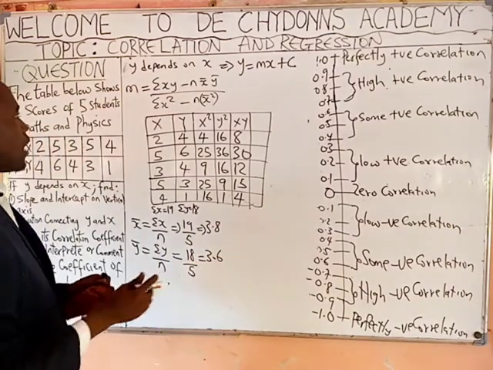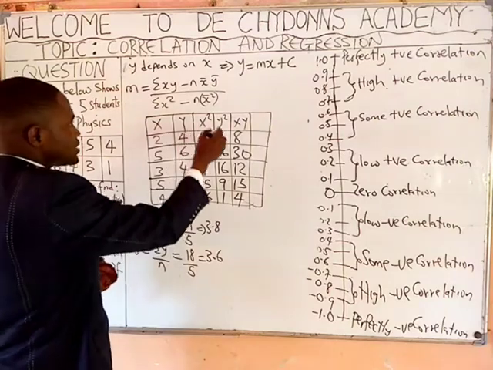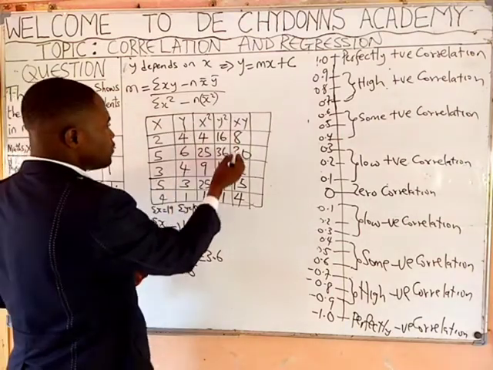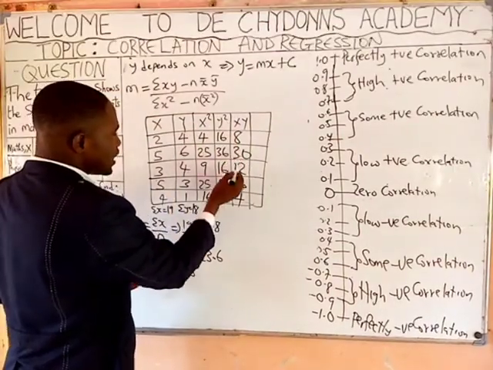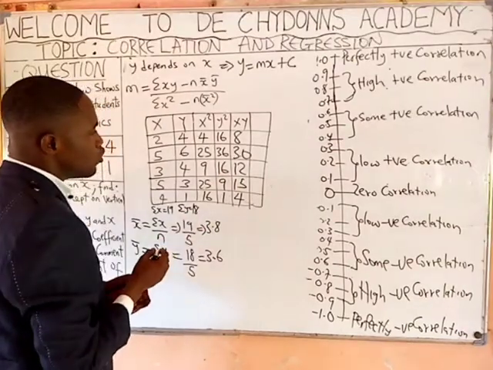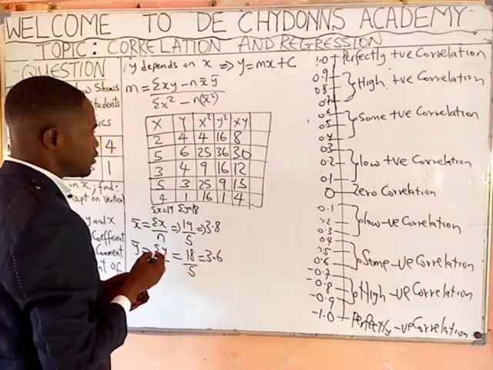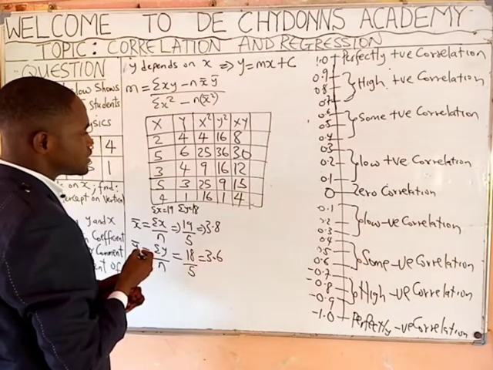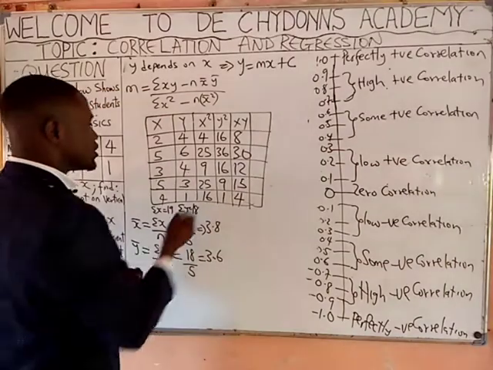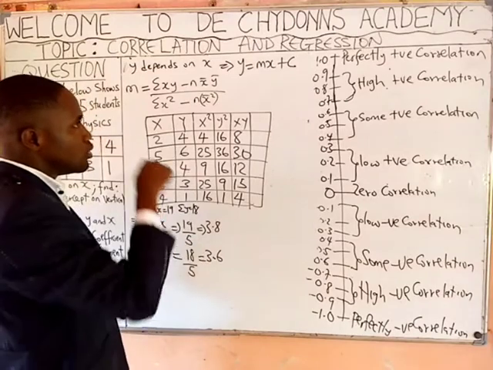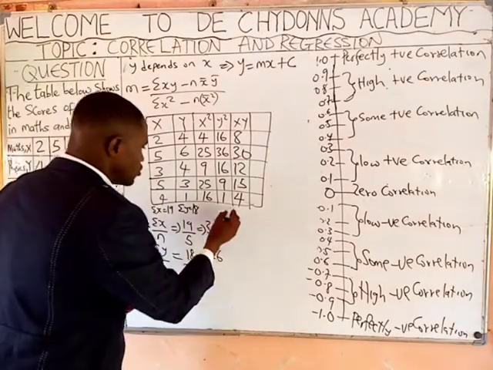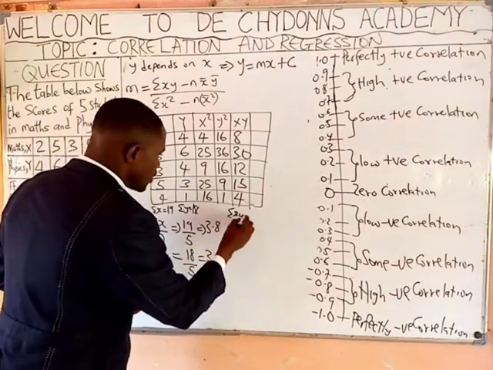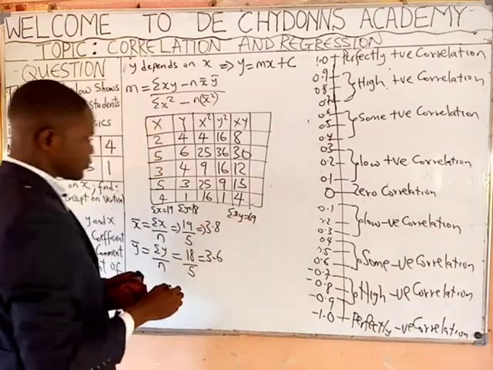Okay? Now, you say summation of xy. 8 plus 30 is 38. 38 plus 12 will give you 50. 50 plus 15 will give you 65. 65 plus 4 will give you 69. You say summation of xy equal to 69.